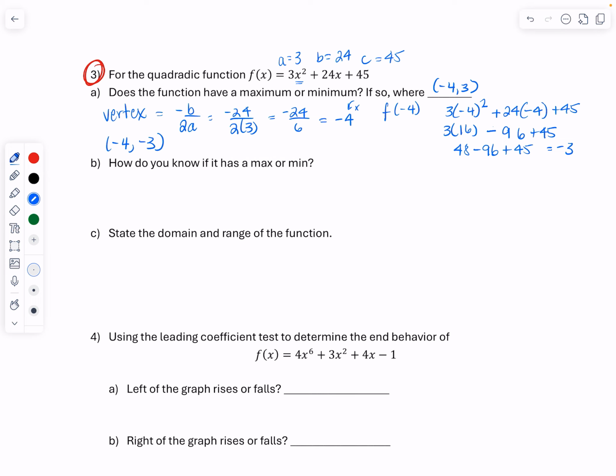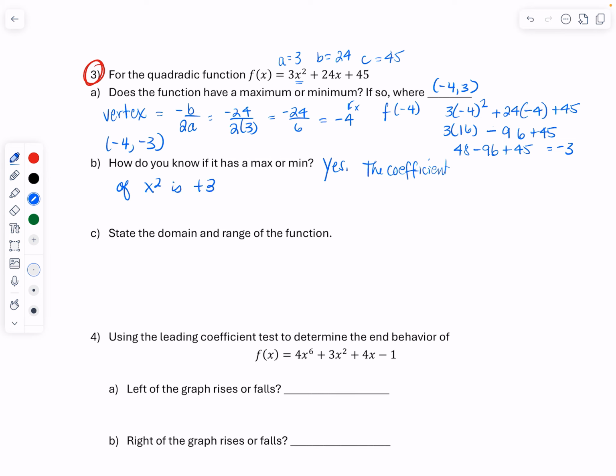Now, does a function have a maximum and minimum? It does have a minimum, and I know this because the coefficient of x squared is positive 3.